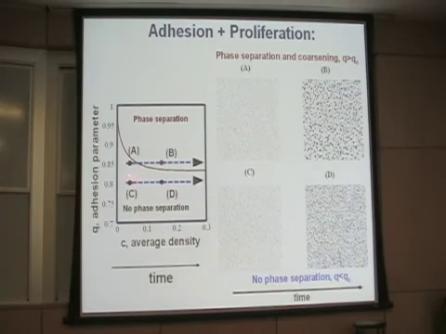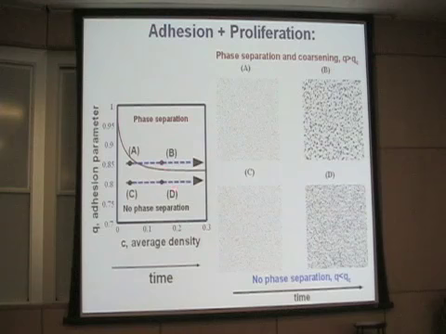If we turn on proliferation, the average density of cells increases. Depending on your adhesion parameter, you can either enter the unstable region or remain outside. If you enter the unstable region, you get clusters. If you remain outside, the system is homogeneous.